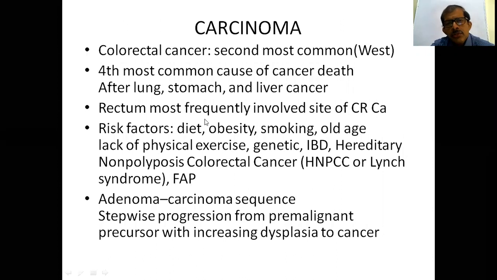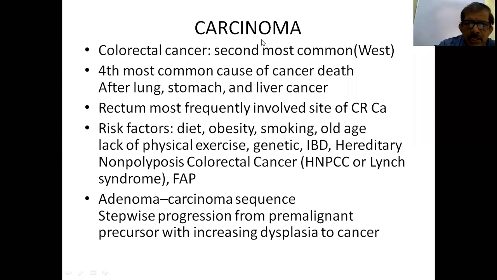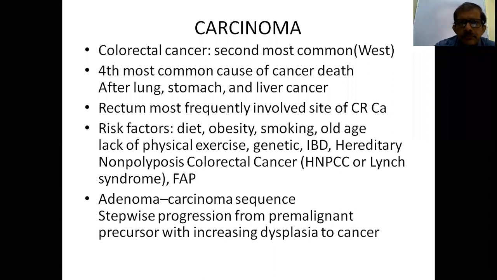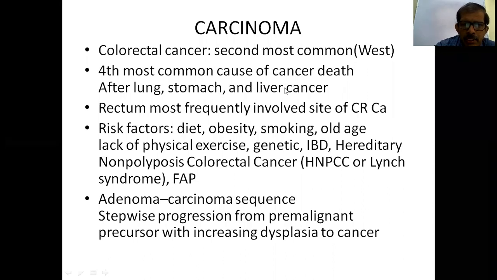So now let us go to carcinoma of the rectum, which is fairly common, and in the West it is second commonest after lung, whereas in India it is about fourth commonest. And the death also, it is commoner due to rectum after lung, stomach and liver.